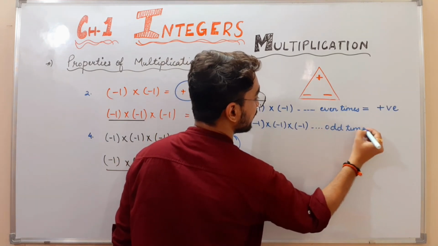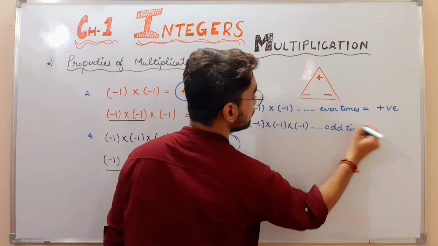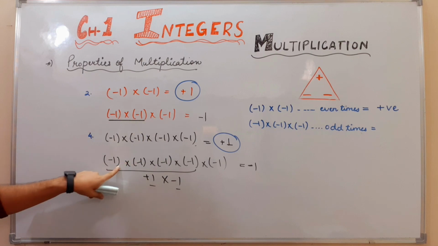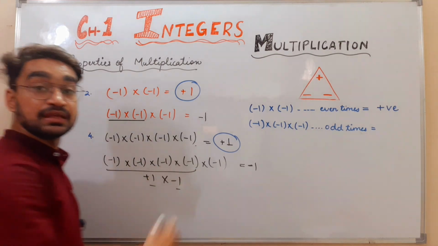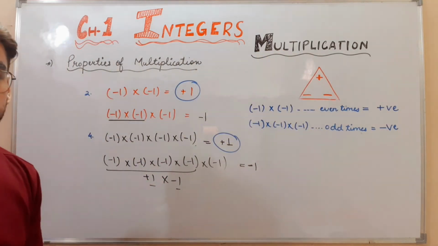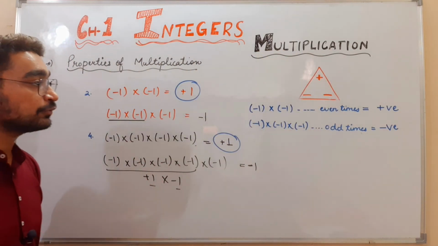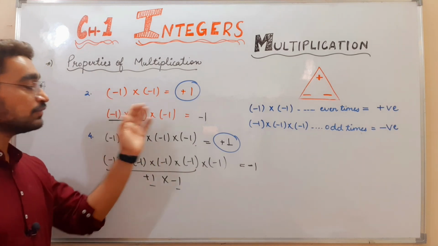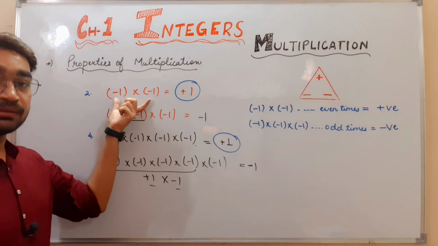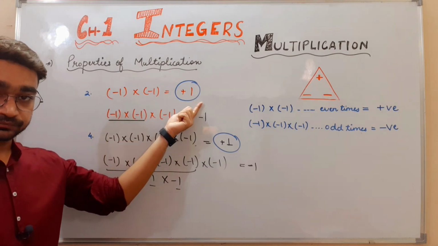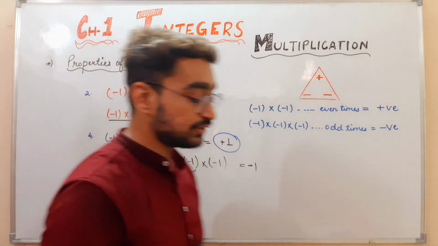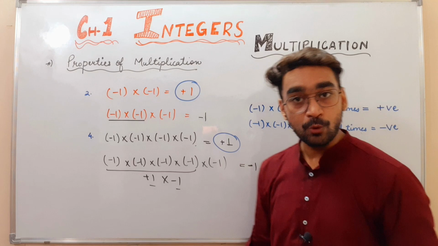If we are multiplying it an odd number of times, 1 2 3, 1 2 3 4 5, the answer will always be negative. So this is actually a kind of rule: whenever a negative number is multiplied an even number of times, the answer will be positive. If it is multiplied an odd number of times, the answer will be negative. I hope it is clear to everyone.